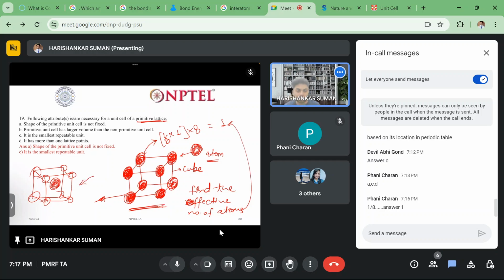In this one, there are 4 face centers. This is body center. This is simple cubic. Let's say this is face center, with six faces and six atoms.